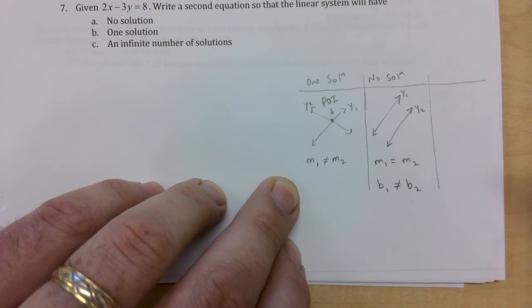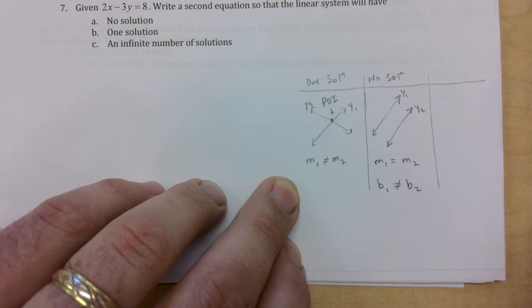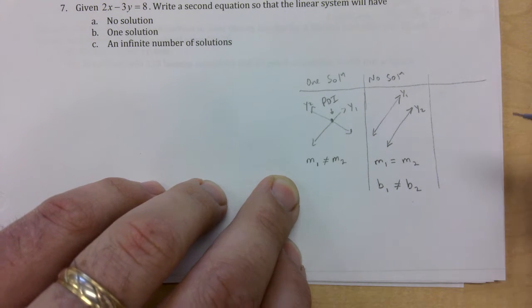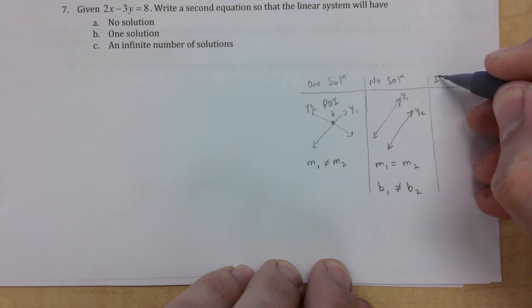Okay, so then you know this system, because we're talking about two equations, will have no solutions. They're two separate lines that run alongside each other. They will never meet. Okay, and then you have infinite.